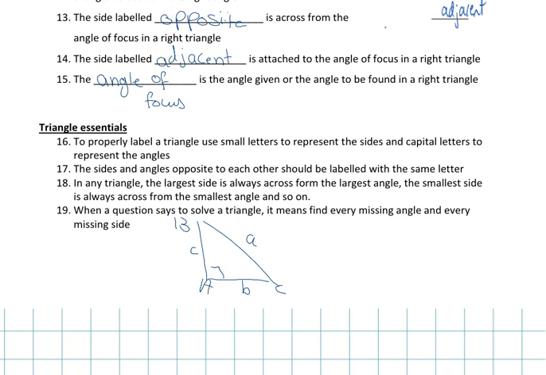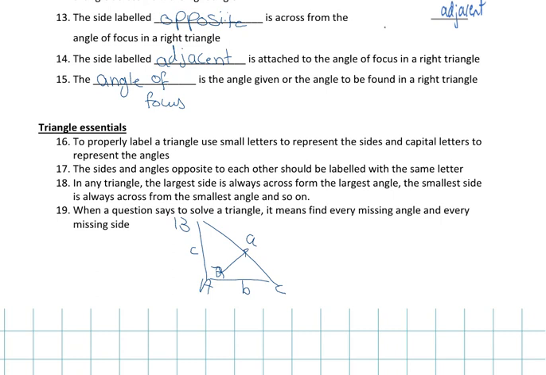So the other two have 90 degrees left shared together. So basically this is your largest angle in the right angle triangle. Because this is the largest angle, the side that's across from it is going to be the largest side.